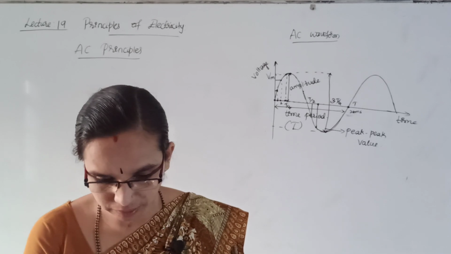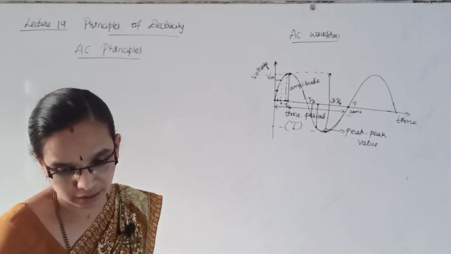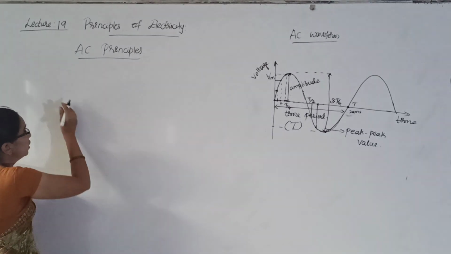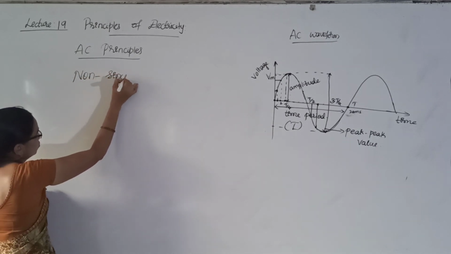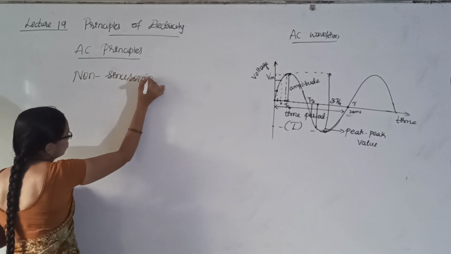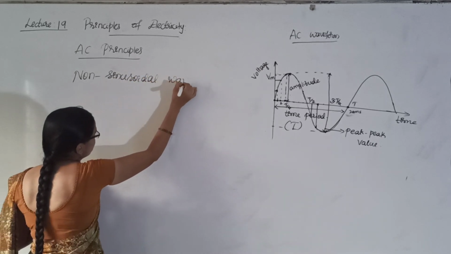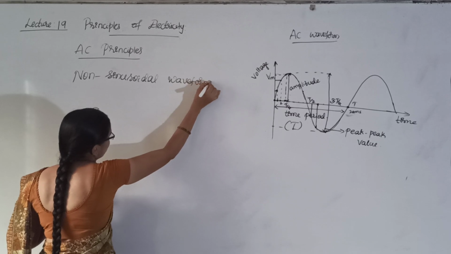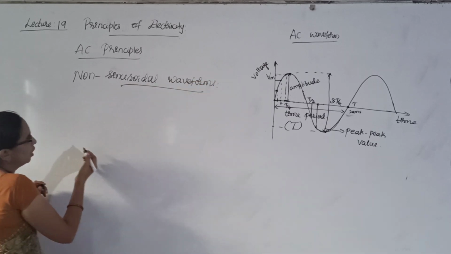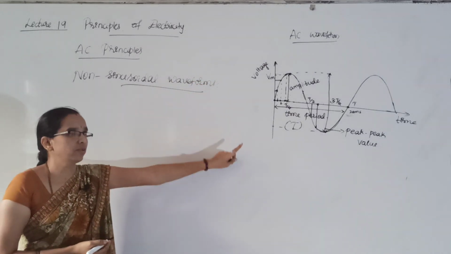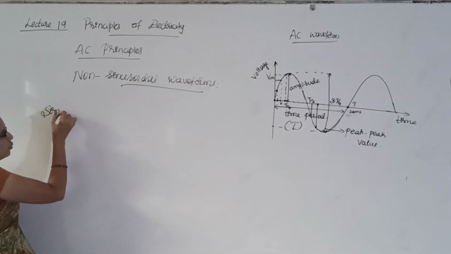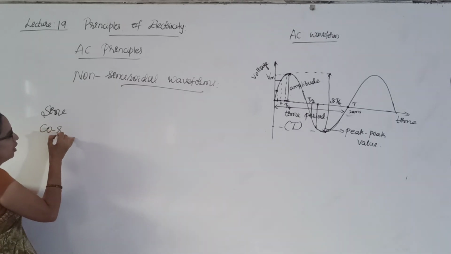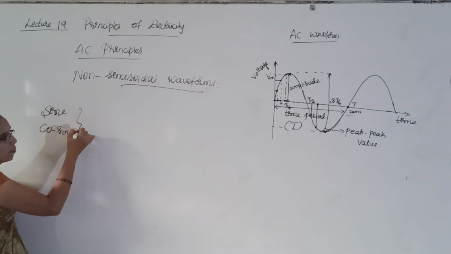The next point, the last one, is non-sinusoidal waveforms. These are the sinusoidal waveforms: the sine waveform and cosine waveform are the sinusoidal waveforms.